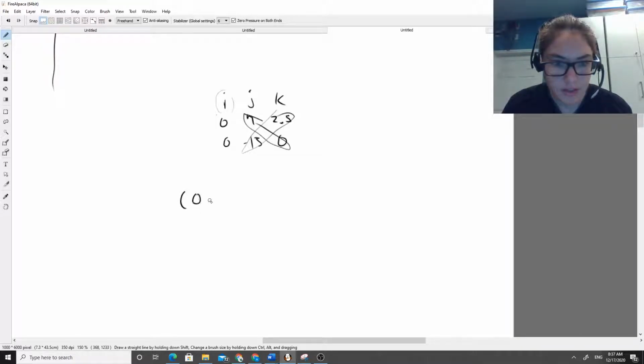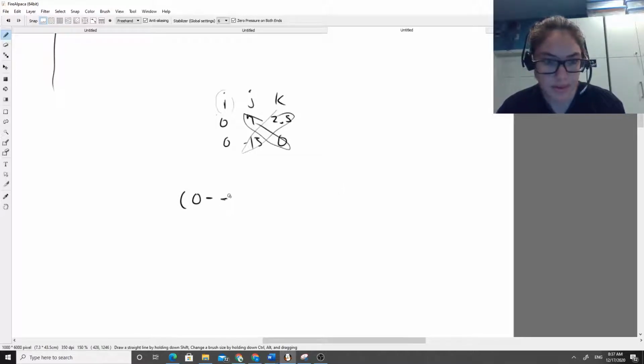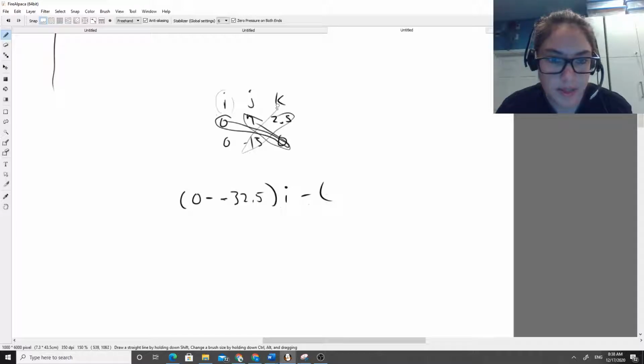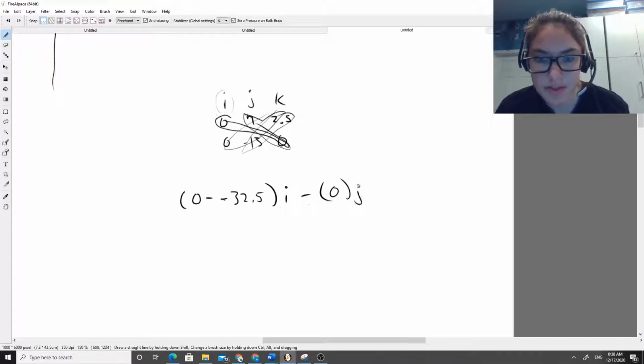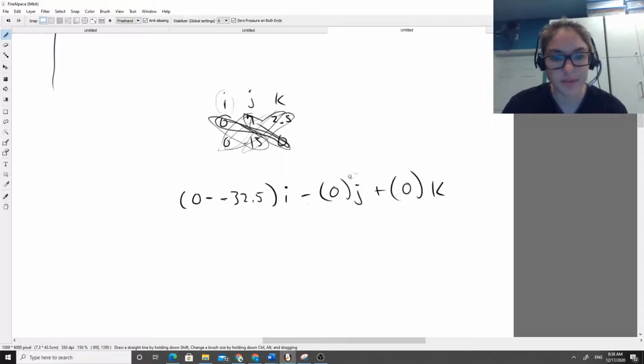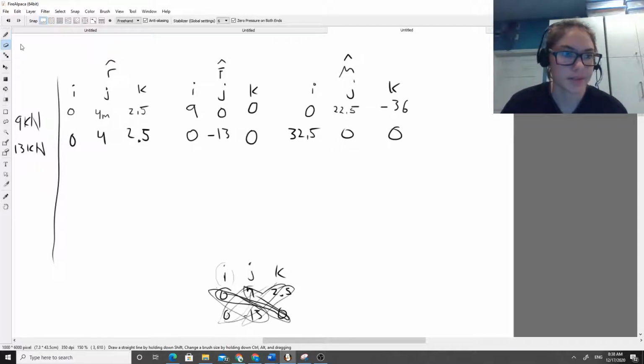So we'll say 0 minus, that's going to be negative 13 times 2.5, negative 32.5. i minus j, which is going to be 0 minus 0. So that's 0j plus, and then k, that's going to be 0, and then also 0. That's going to be 0k. So we have a positive 32.5 in the i direction for our moment, and zeros here and here. Okay, perfect.